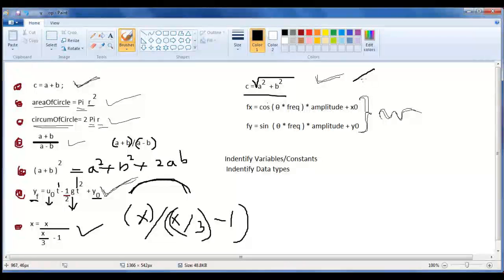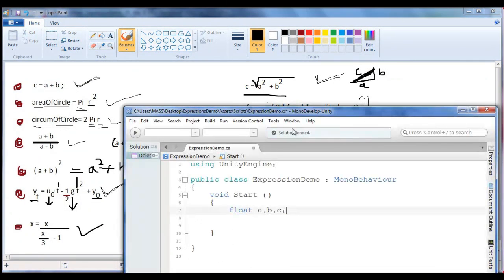It is about a right angle triangle. If the base is a and the side is b, then this will be c. If you want to find out this length, you will use c is equal to square root of a square plus b square, which is very useful. We will see how it will be useful in games.